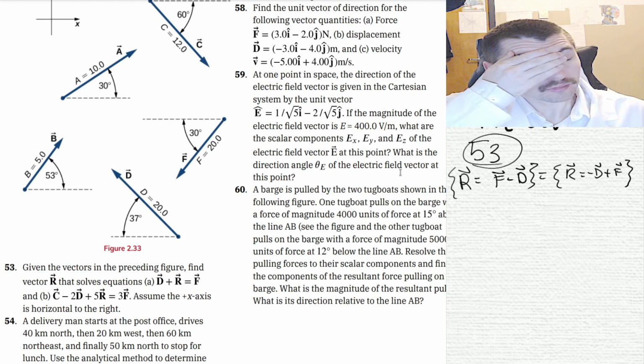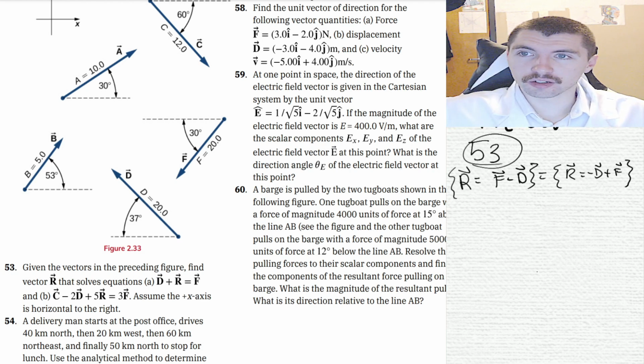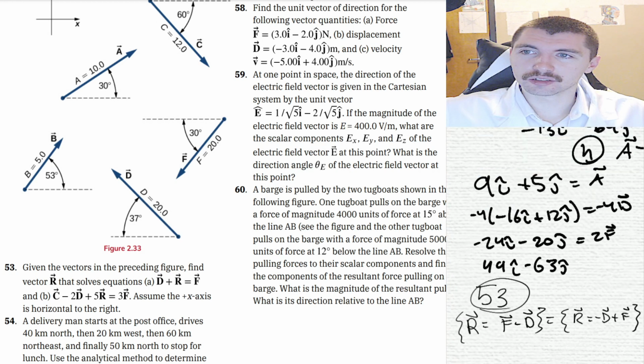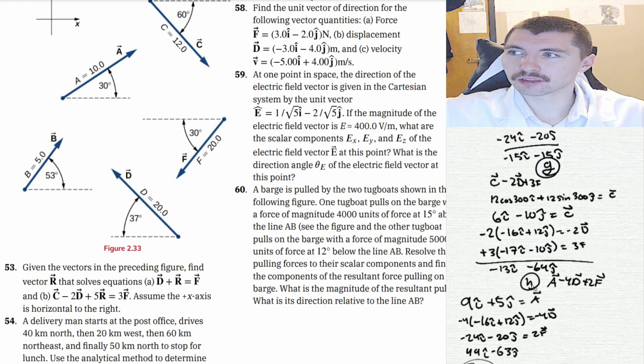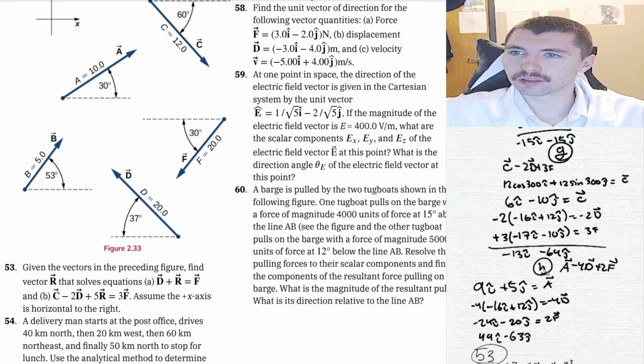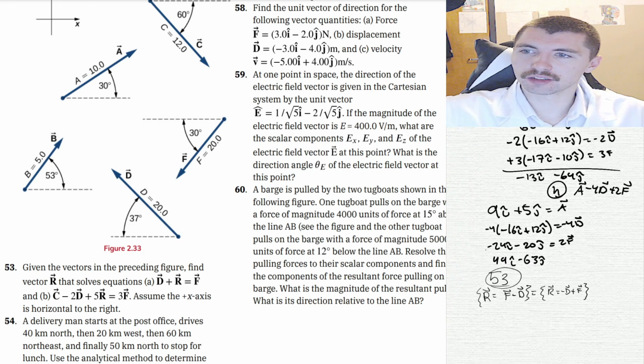So, all right, so let's find D. D is 16i, so let's just write 16i minus 12j, and F is negative 17i minus 10j.